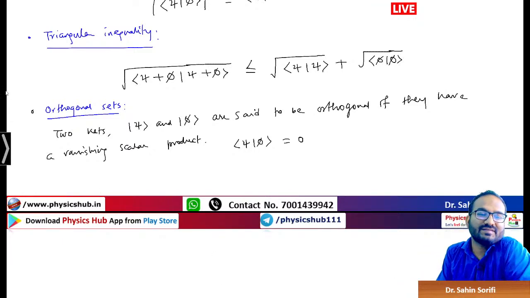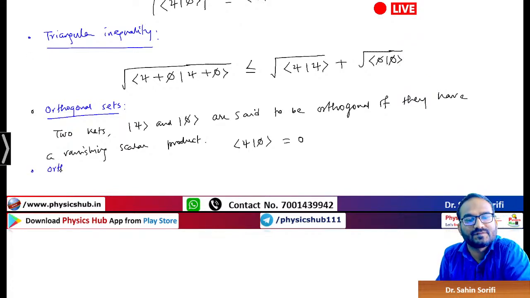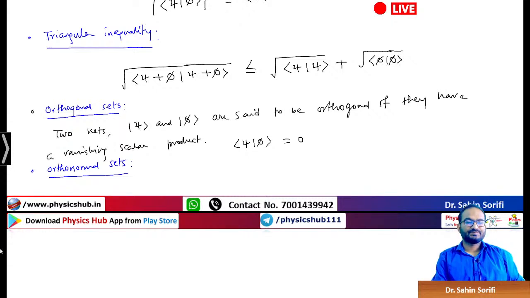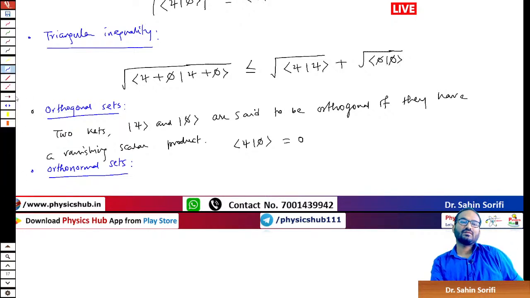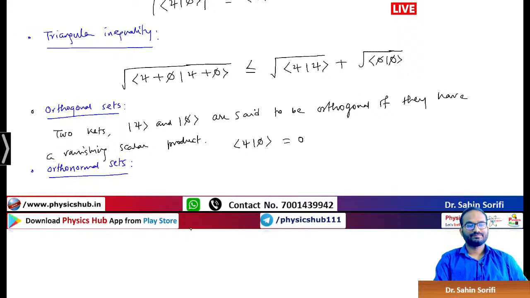Now there is a basic difference between orthogonal and orthonormal. They are closely related. What is the difference between orthogonal sets and orthonormal sets? Orthonormal means orthogonal plus normalized. Remember this one.